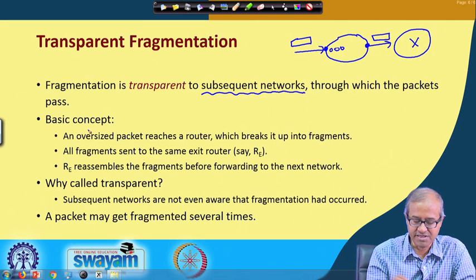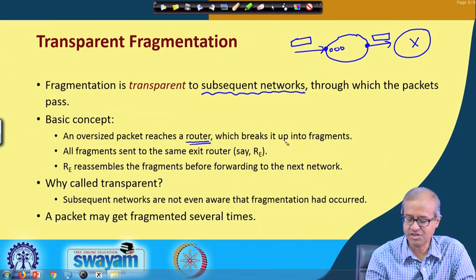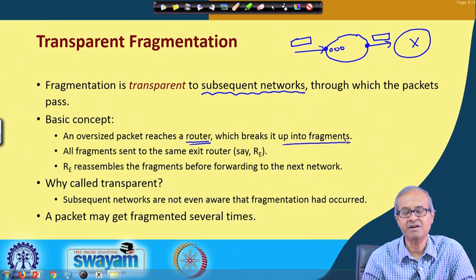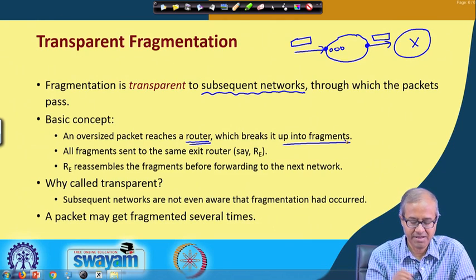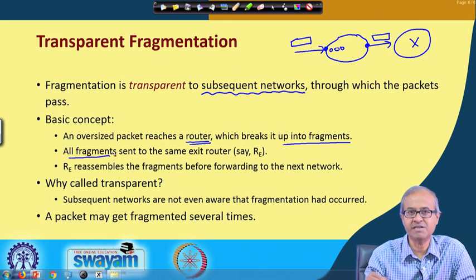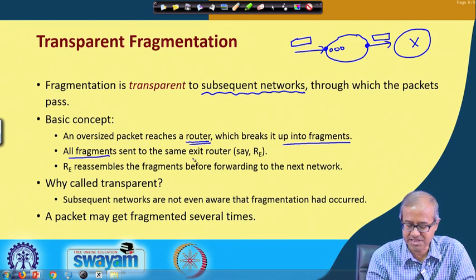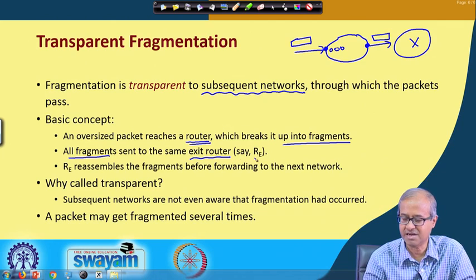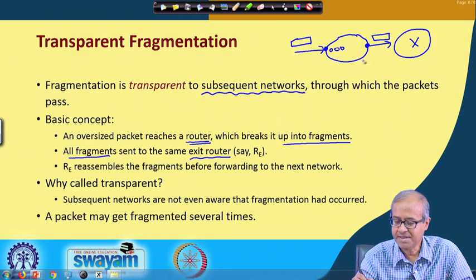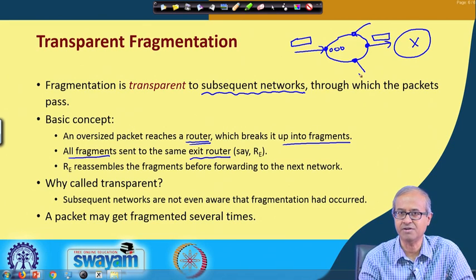The idea is as follows. Suppose a large packet reaches a router which breaks it up into smaller packets or fragments, and each of these fragments is routed. There is a constraint here: they must be sent to the same exit router, let us say RE, because in a particular network there can be multiple routers connected to the outside world.